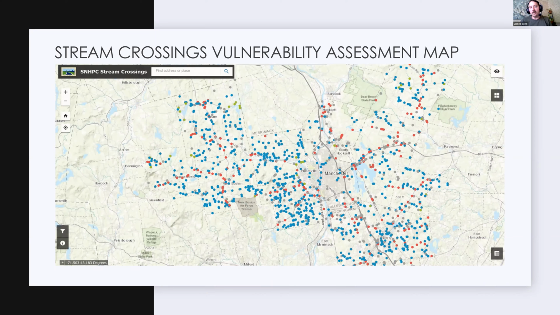The work of that vulnerability assessment has allowed us to prioritize stream crossings and score them and rank them. And so all that data exists in this map. I encourage each of you, if you have an interest in this, to go check out that map and learn a little bit about the stream crossings in your community.